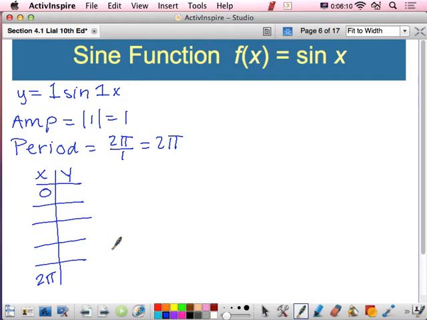Okay? Then we have to decide how to divide this up equally. There are a couple of methods for doing this, and I'll show you both. I just asked myself what's halfway between 0 and 2 pi. Well, that's what goes in the middle. Then I say what's halfway between 0 and pi. Pi over 2. Now, it's a little bit harder for some people to find halfway between pi and 2 pi.